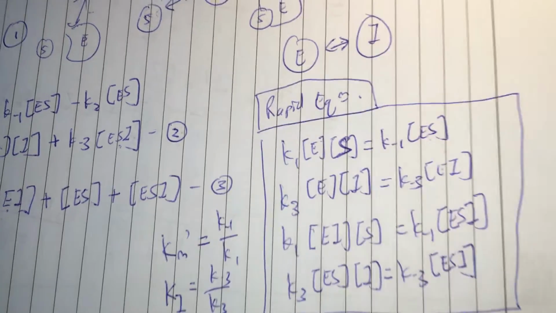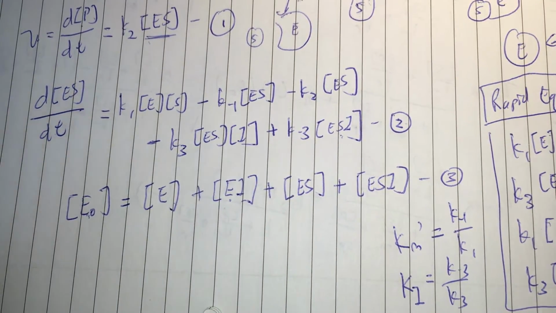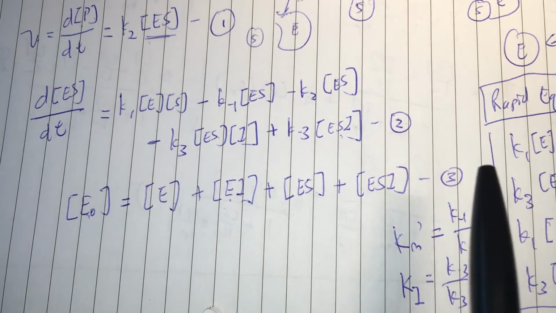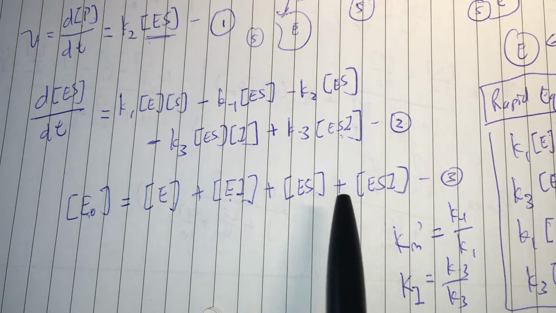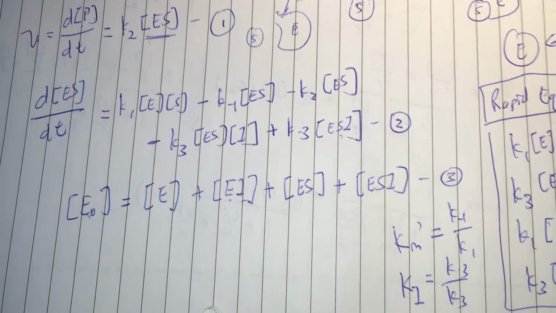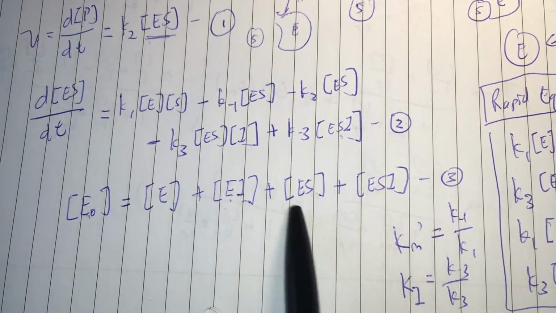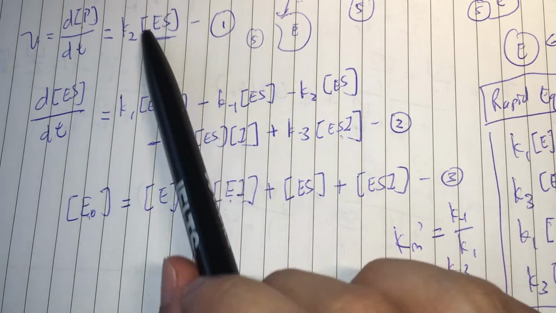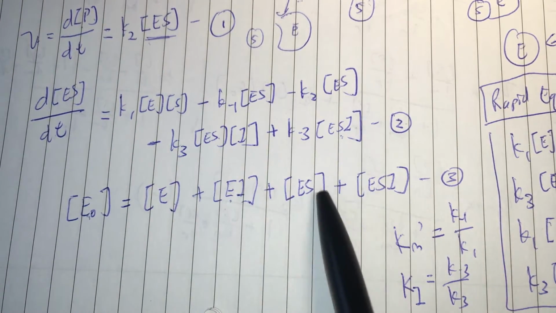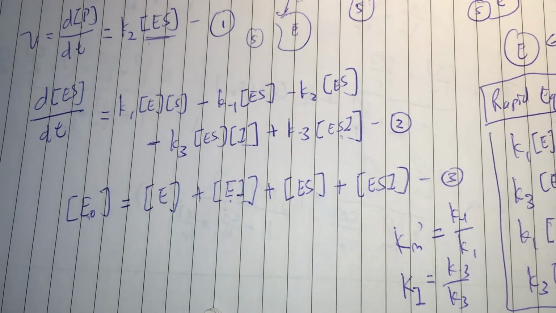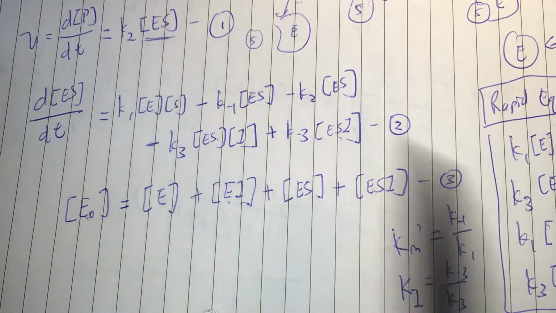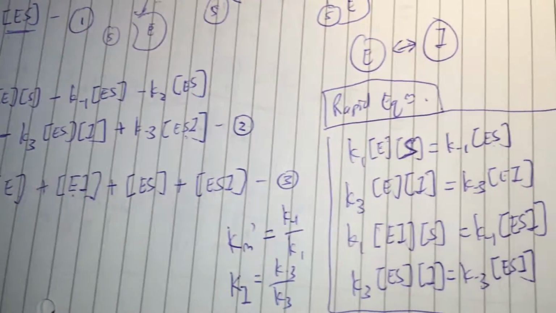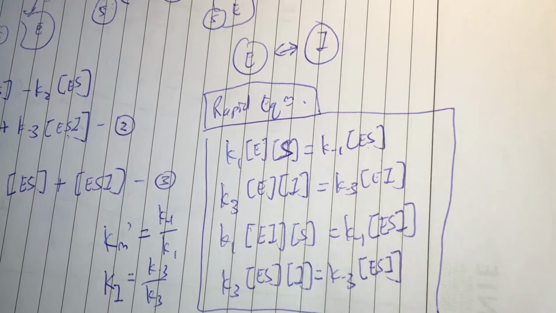Okay, so now we have a situation where we have a lot of equations, so we need to start clearing up the mess. What mess do we actually need to clear up? Basically, we want to find out what ES is, so we have to make this the subject. To do that, we'll need to do some rearranging of these equations.